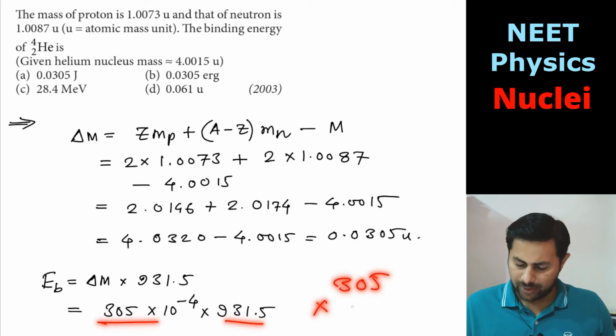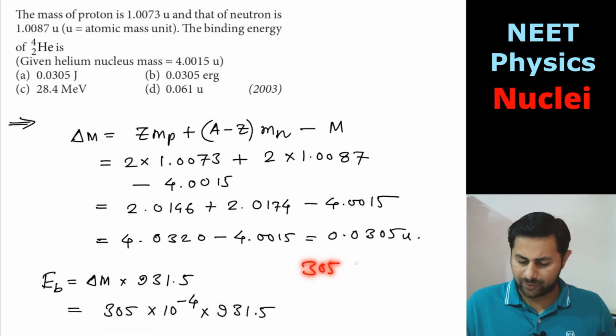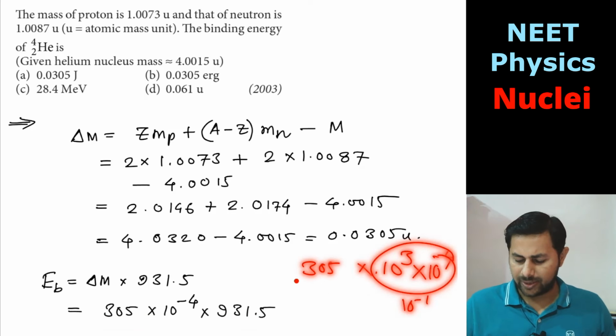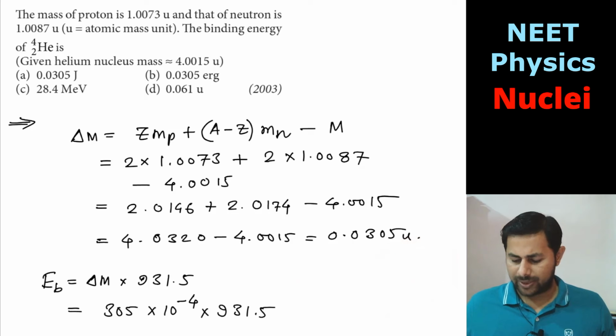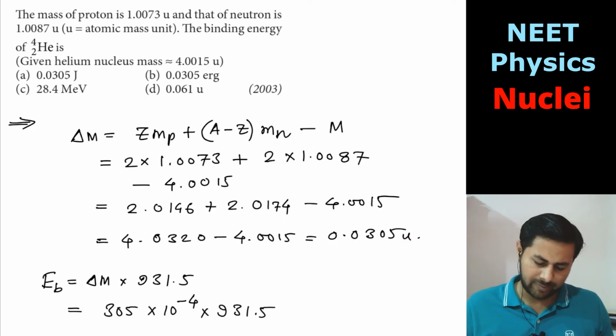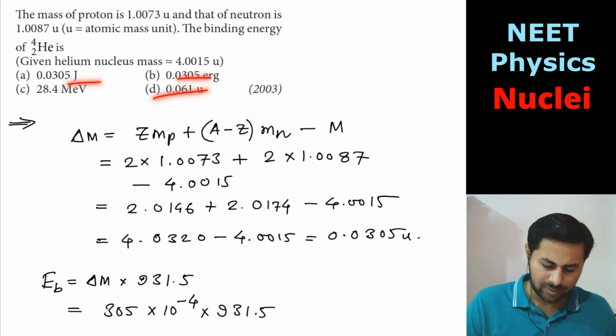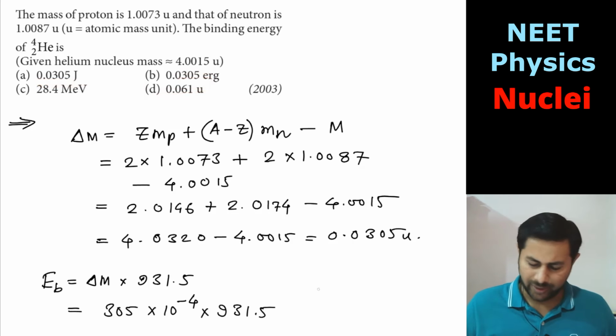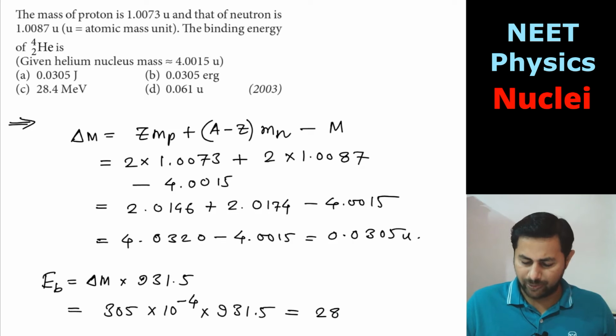If it was 1000, then you will have 305 into 10 raised to 3 multiplied by 10 raised to minus 4, so that's 10 raised to minus 1. So 305 times 10 raised to minus 1 means 30.5, should be slightly less than that mega electron volts. Other options are very far, so it is 28.4 mega electron volts. That should be the answer.